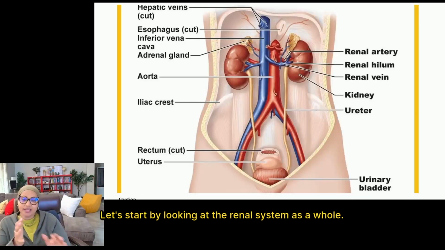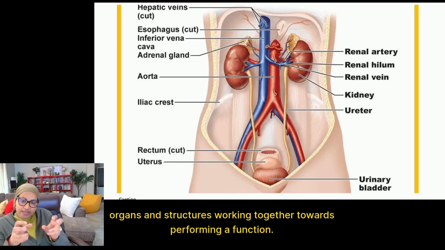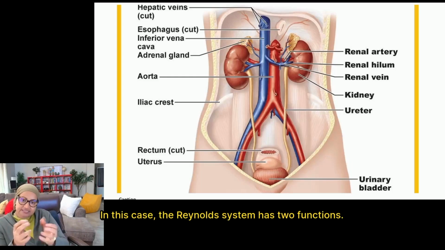Let's start by looking at the renal system as a whole. First of all, just to get this out of the way, when I say system, I'm actually talking about a number of organs and structures working together towards performing a function. In this case, the renal system has 2 functions.